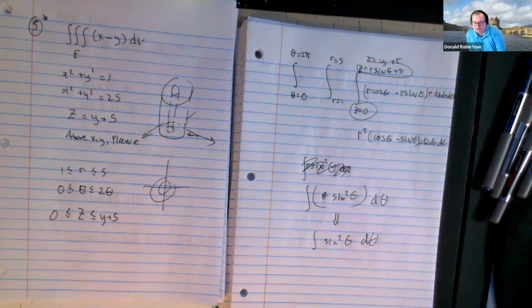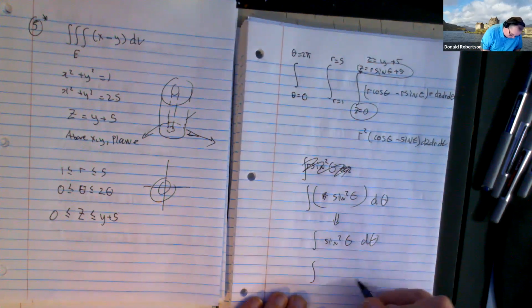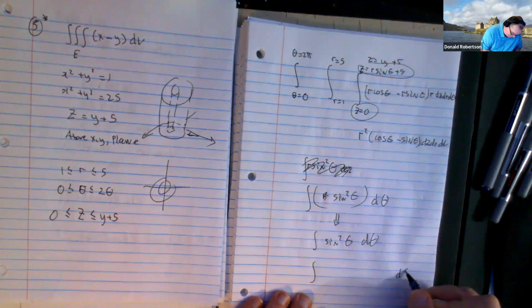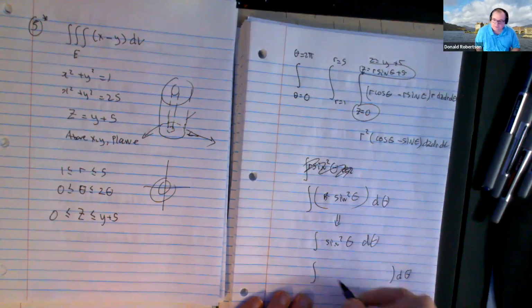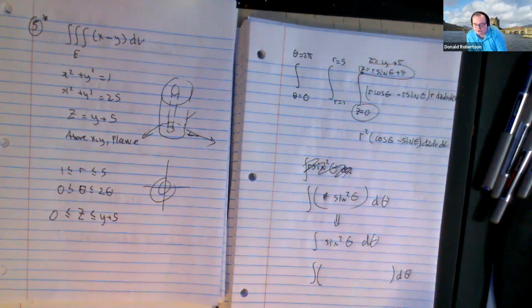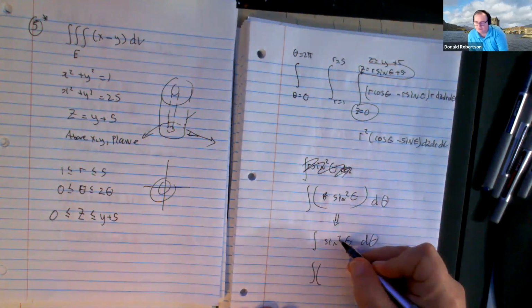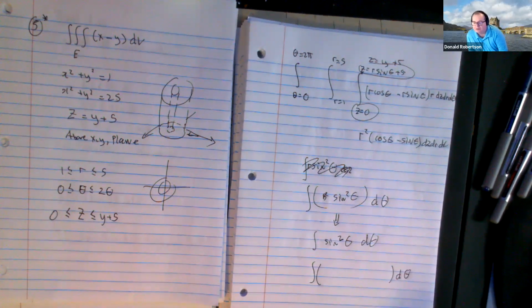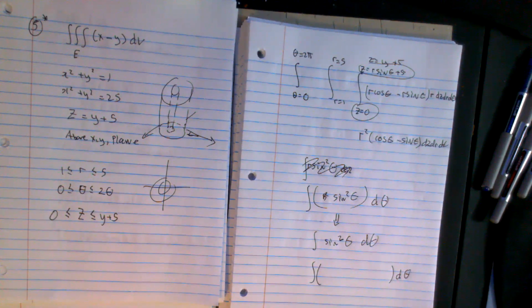You need to know a trig identity. What's the trig identity that is useful for integration for sine squared theta? Sine squared plus cosine squared equals 1.